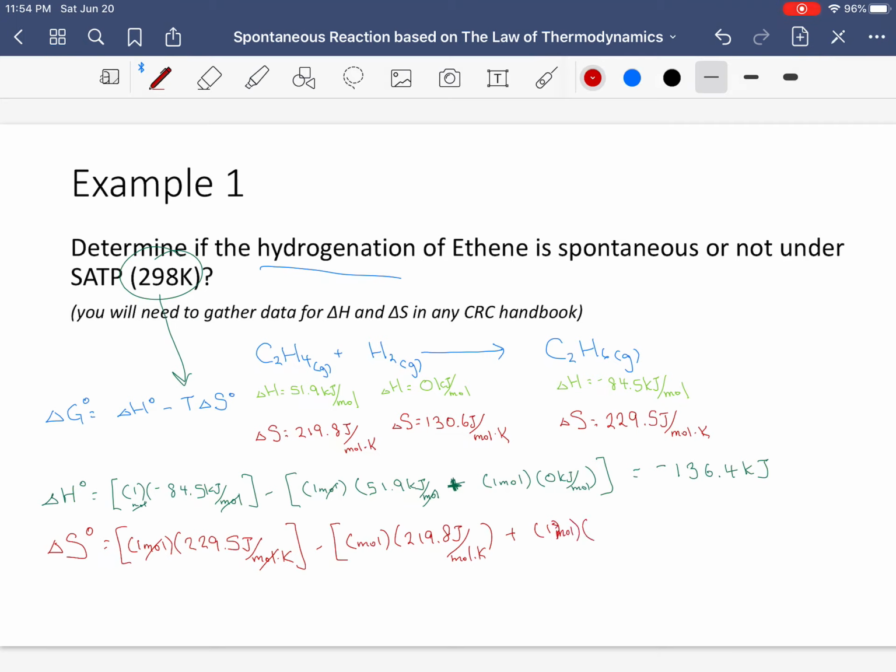This time it's not a 0. That means you have to do more work.